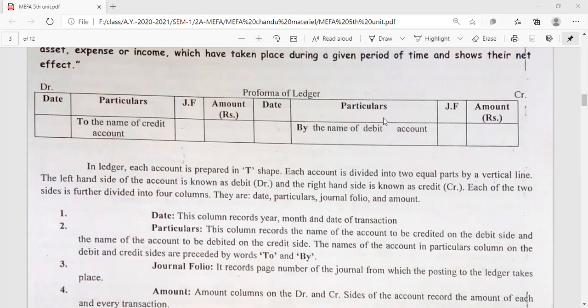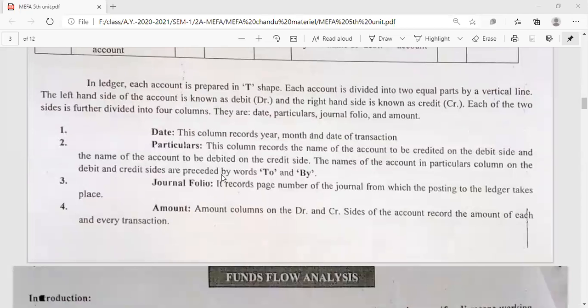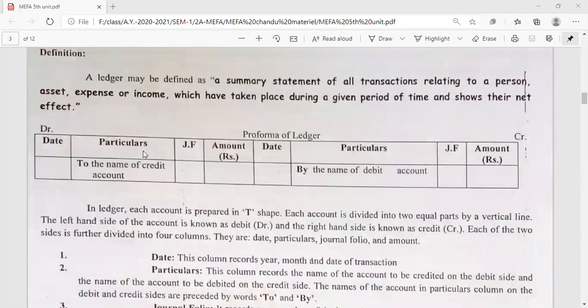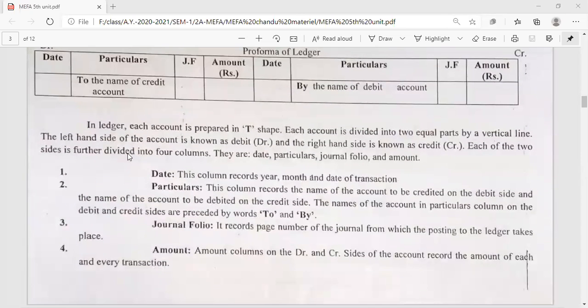We are writing that as credit. In the ledger, each account is prepared in T shape. Okay, is it right? This is written here, and now we'll have below. It is one column. These all are one column, right?